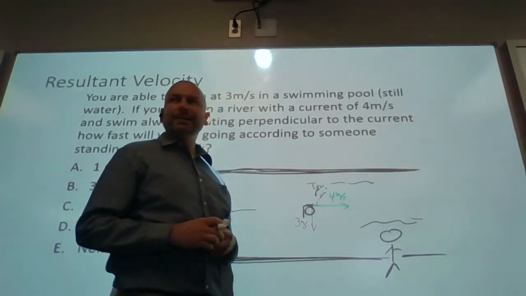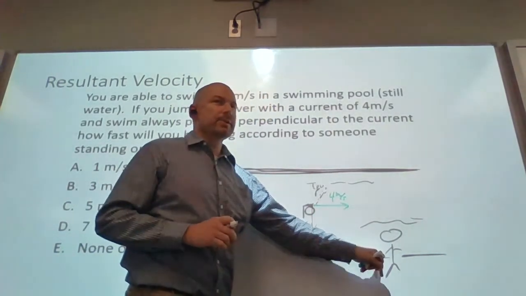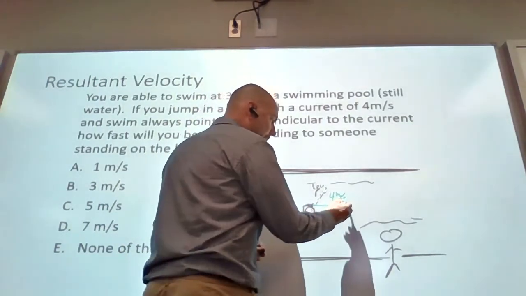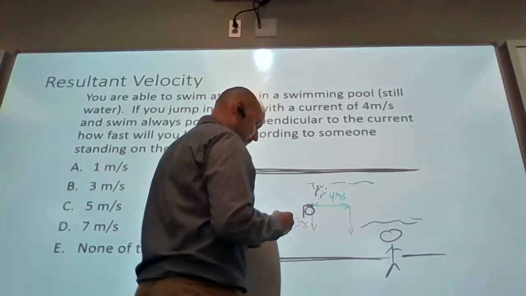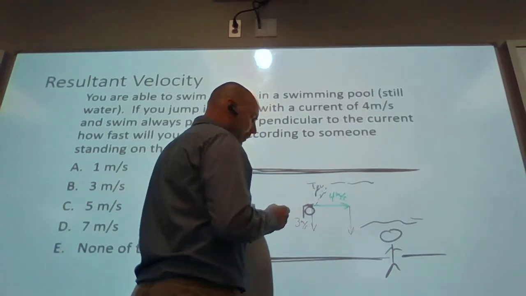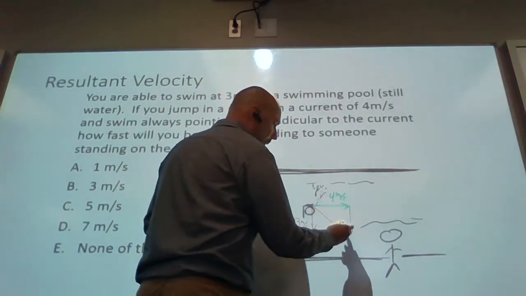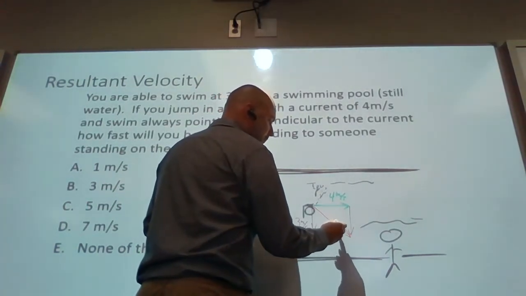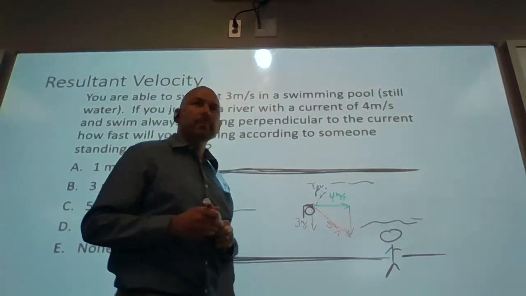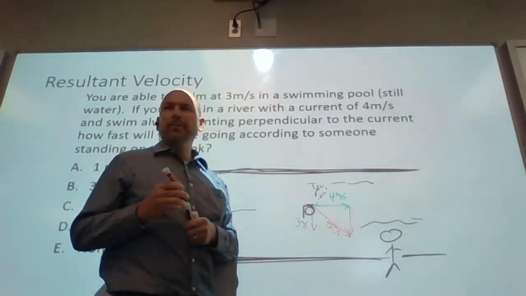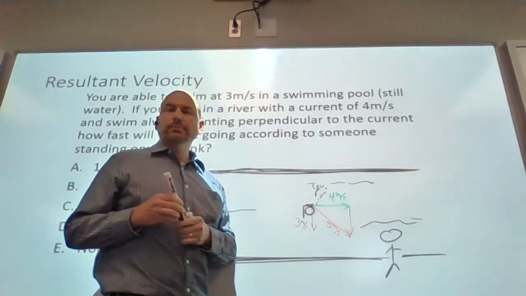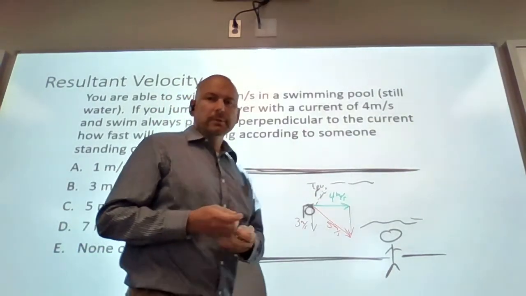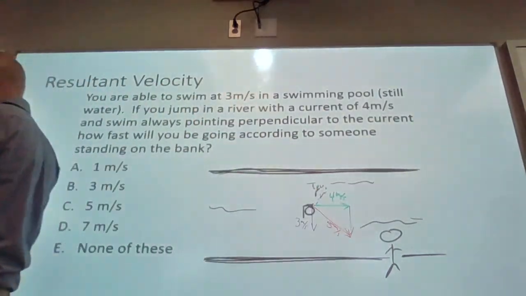The resultant velocity, based upon how your friend sees you on the bank, is the resultant of both of those. 3, 4, 5 triangle. 5 meters a second. Going at that angle. What does that mean?